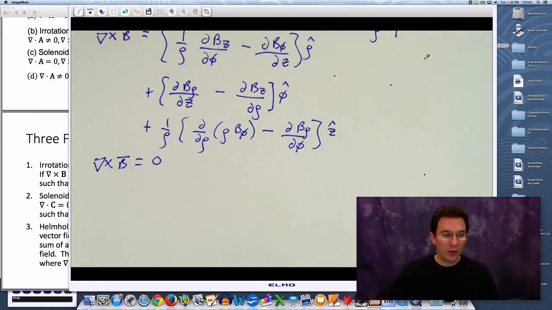And what the irrotational theorem says is that since the curl of B is equal to 0, there exists some potential function psi such that B is equal to the gradient of psi.